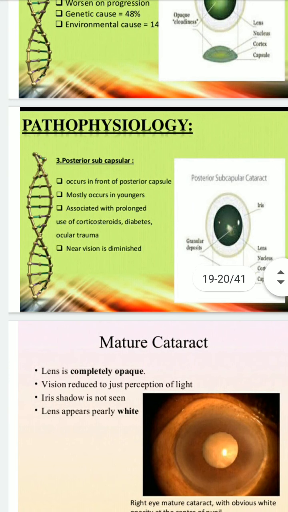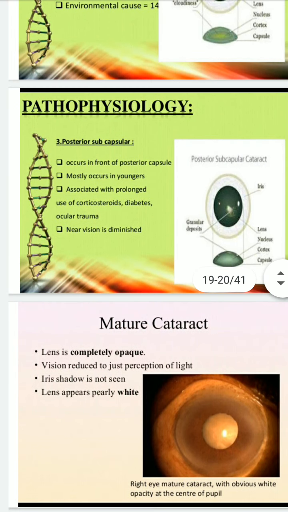And an immature cataract is an incomplete cataract. The lens is only slightly opaque and the cortex is clear. That is the immature cataract.